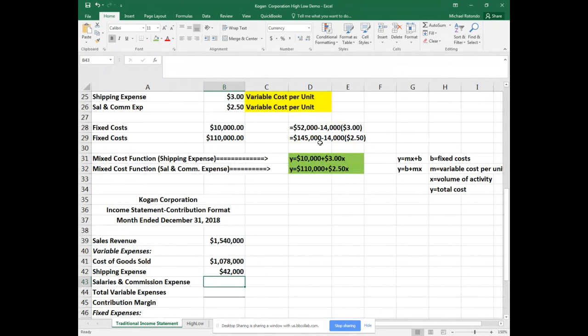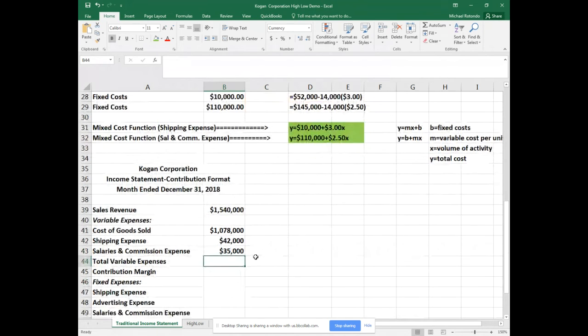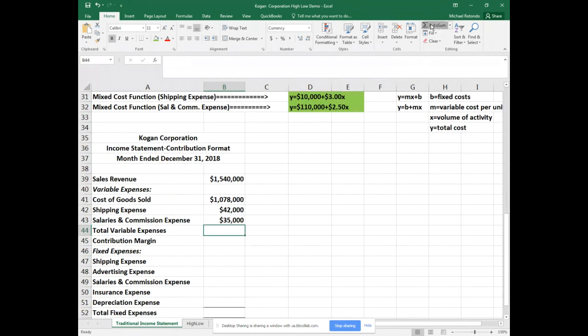For salaries and commissions expense, we do the same thing: the $2.50 per unit times the 14,000 units gives us $35,000. So our total variable expenses equal $1,155,000. Our contribution margin, if you recall, is sales minus variable costs or expenses, so our contribution margin is $385,000.